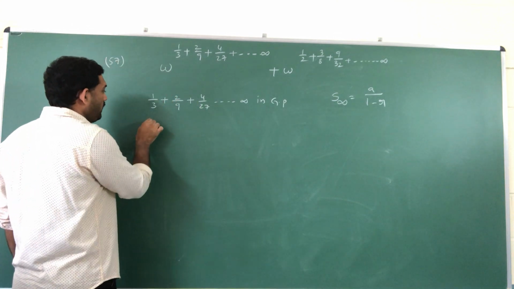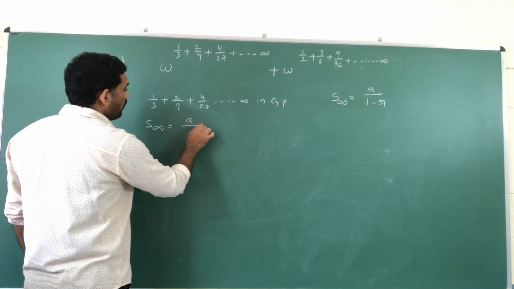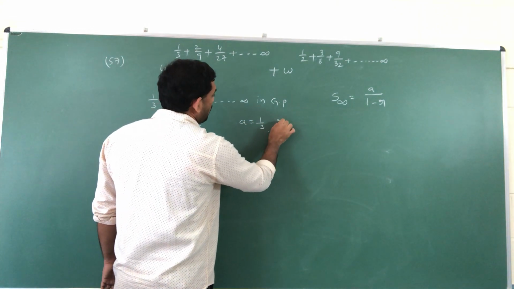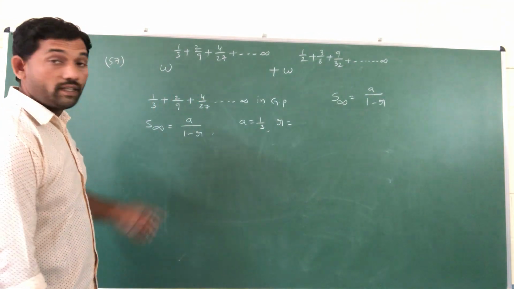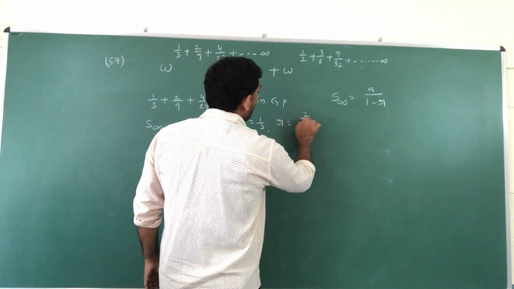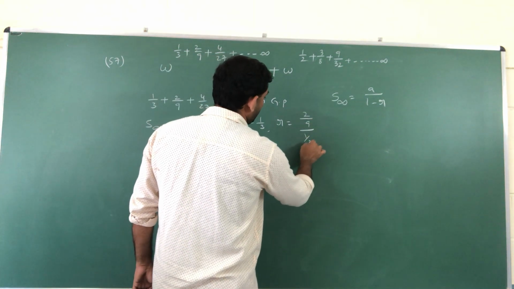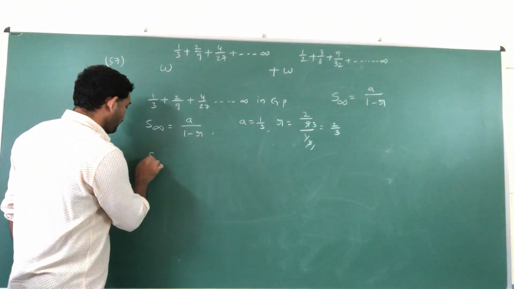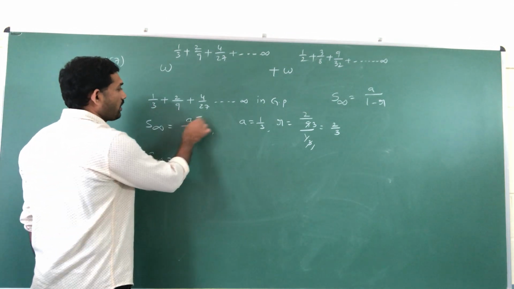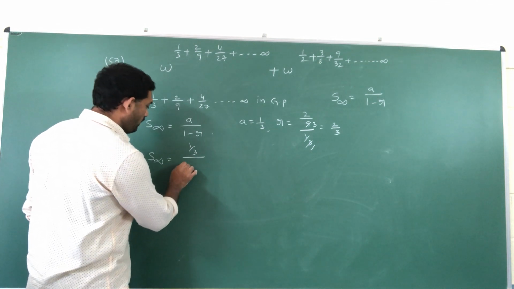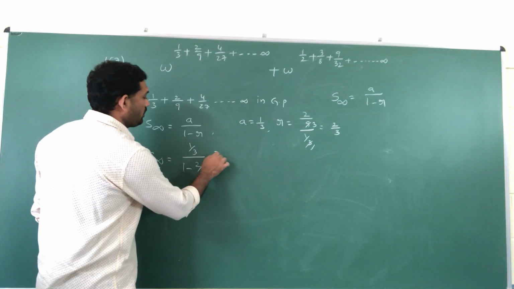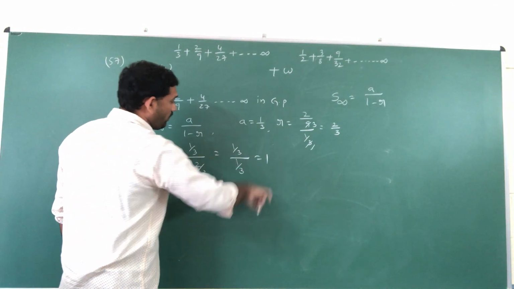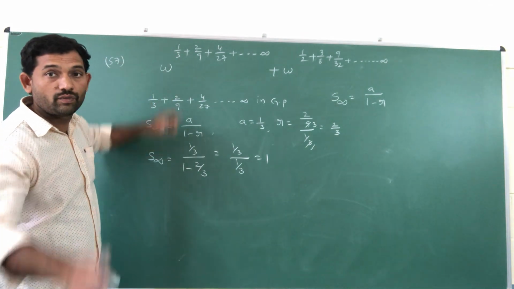A means the first value, R means the ratio, second term by first term: (2/9) divided by (1/3) is 2/3. So S infinity equals (1/3) divided by (1 minus 2/3), which is (1/3) divided by (1/3). So the first summation value is 1.